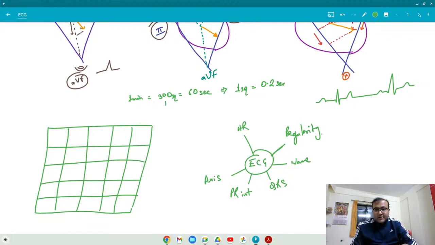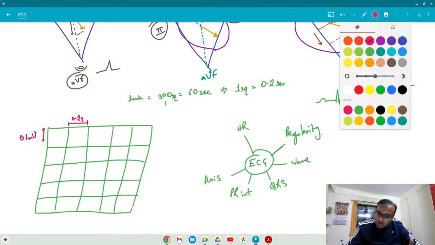That means what you have to understand is that this depicts 0.2 second. And also remember one thing, that this depicts 0.1 millivolt. Clear? Now, one square again has got five tiny squares in it.